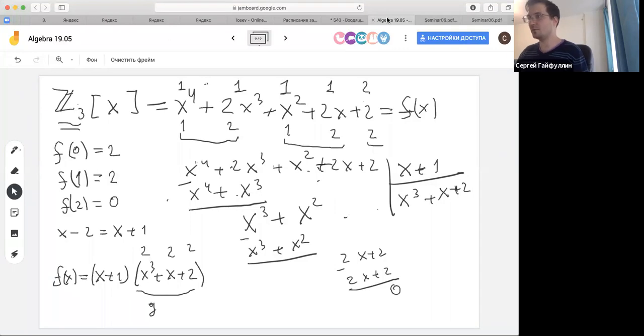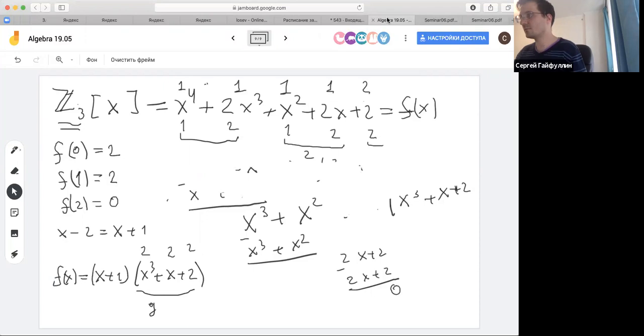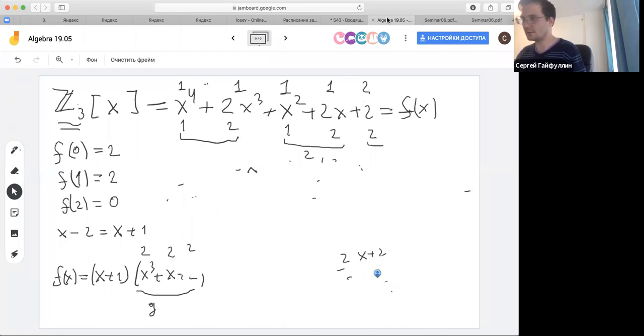I have no space, so I erase some computation. I'm sorry, here is plus 2.